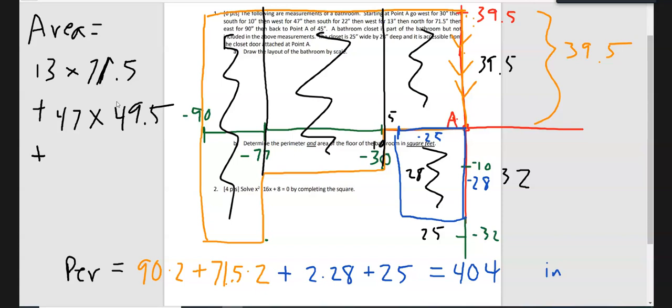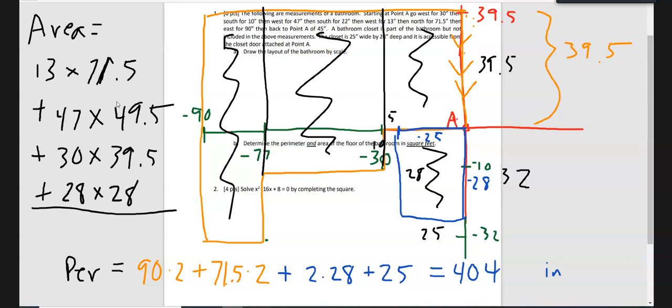Then I have 30 times 39 and a half. And then, of course, I've got the closet, which is 28 by 25. Oops, not 28 by 28, 28 by 25.